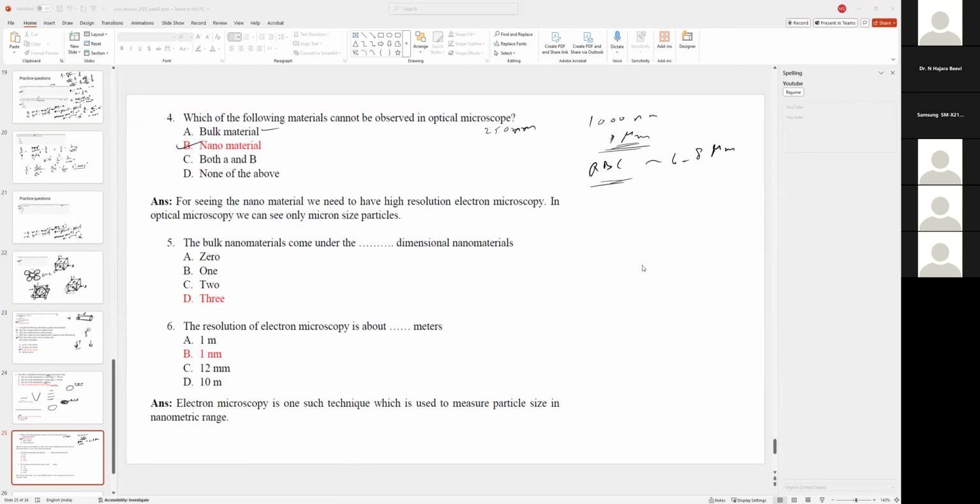Usually cell size is micron size, so you can see cells inside optical microscopes. Going below that, maybe a few hundred nanometers, you can get with a good optical microscope, but below that, you cannot resolve things.